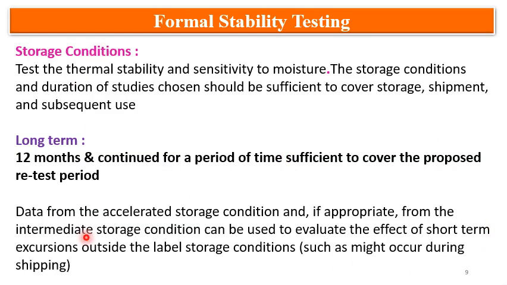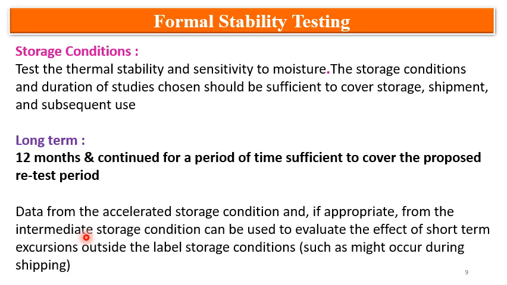Then storage conditions. See, we have to check the thermal stability and sensitivity to moisture for the API. That's why this storage condition and duration should be sufficient, so that the storage, shipment and subsequent use period can be covered.